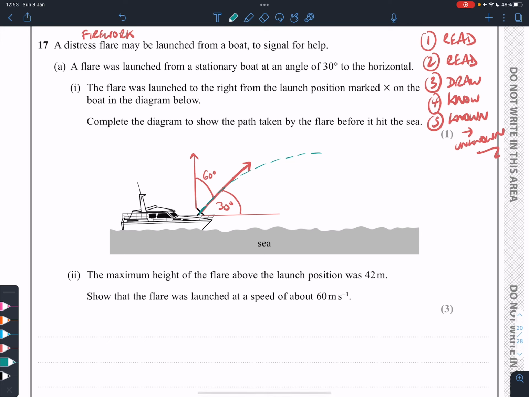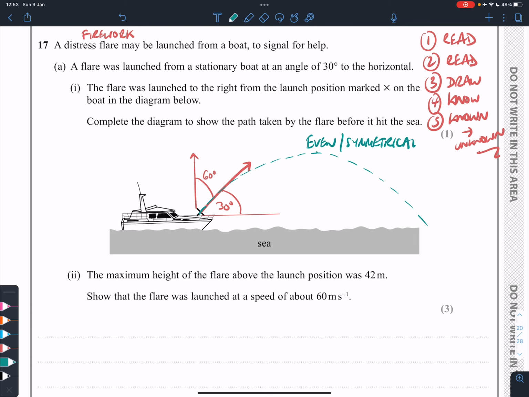That's a little joke. And it will make a parabolic shape and it will come all the way down into the sea. And it's important that this is even, symmetrical about the highest point. So you'll get a mark for that, don't worry about it.